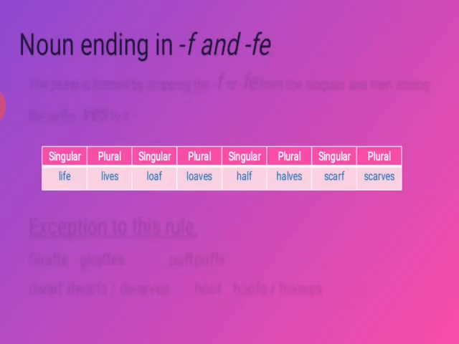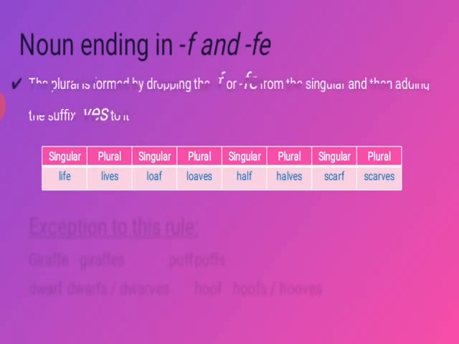If a noun is ending on F and FE, again see the examples, it will become very clear to you. Singular forms: life, loaf, half and scarf. So the plural is found by dropping the F or FE from the singular form and then adding the suffix VES to it.